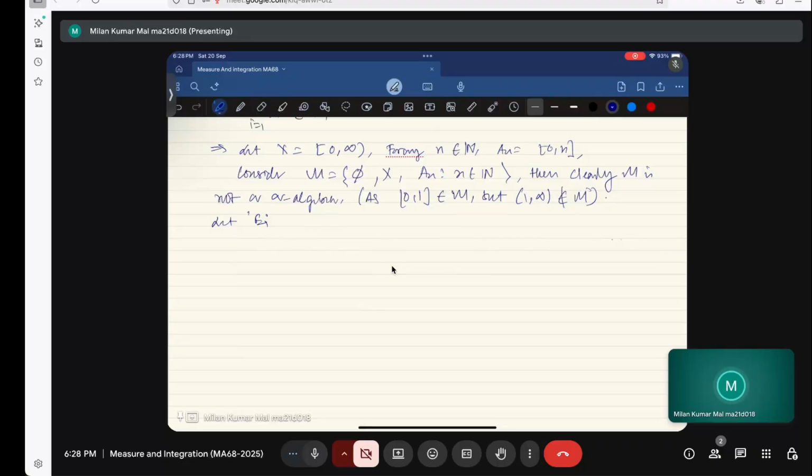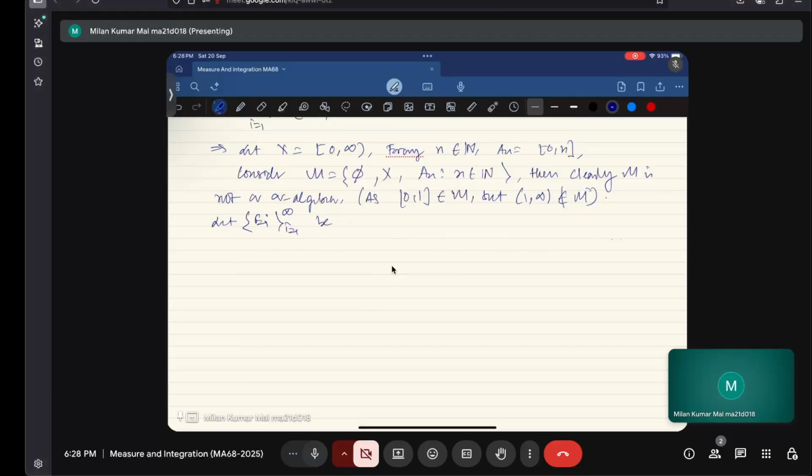Let E_i, i equals 1 to infinity, be an increasing sequence.